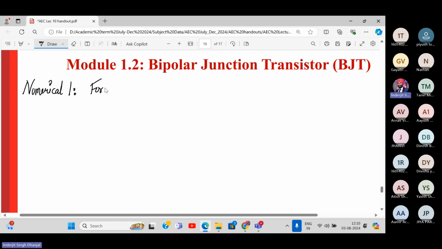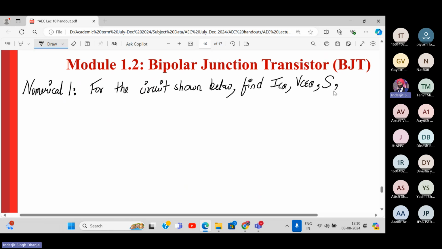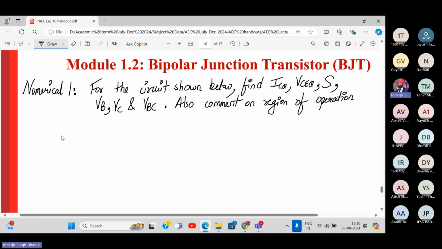Write down: for the circuit shown below, find ICQ, VCEQ, stability factor S, VB, VC, and VBC. Also comment on the region of operation. So what is the circuit given to you? Please draw the circuit.